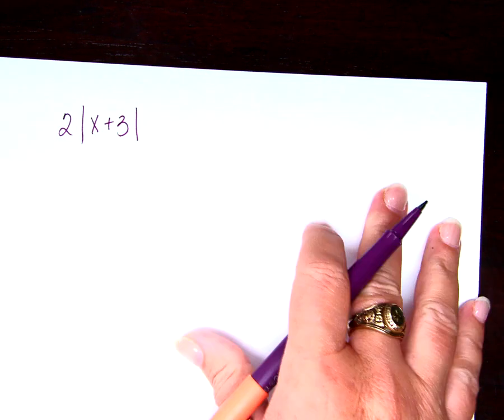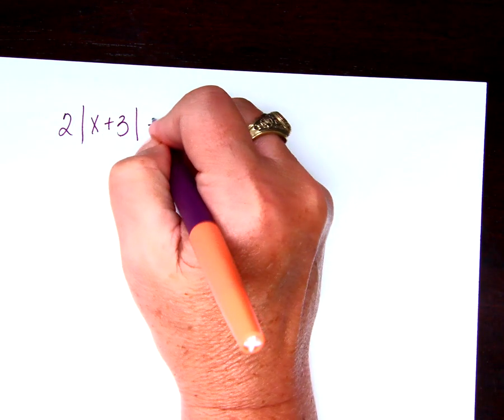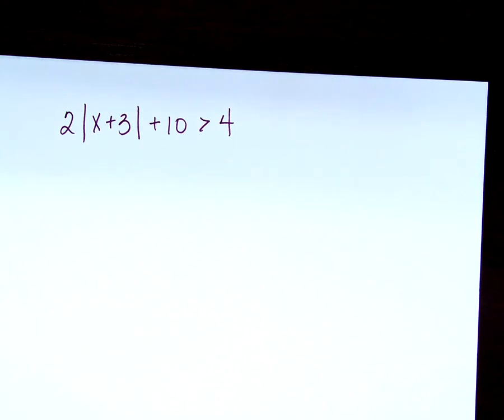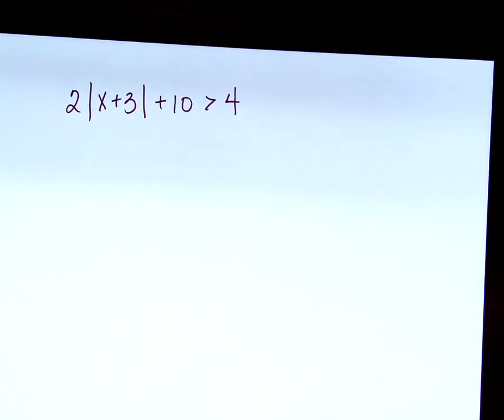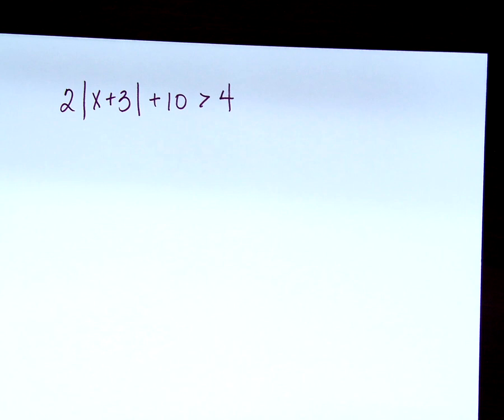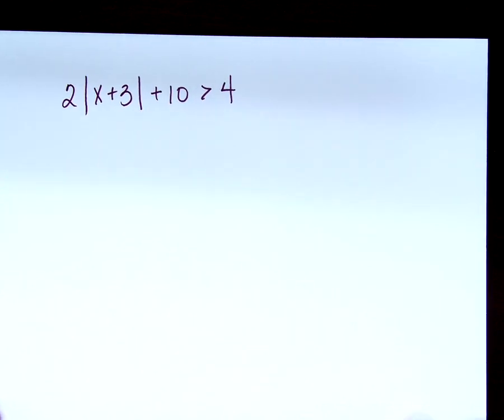2 times the absolute value of x plus 3, plus 10 is greater than 4. Step 1. Still don't panic. Why would people panic? Because I told you I was going to try to trick you, right? Okay. Step 2. Isolate the absolute value.